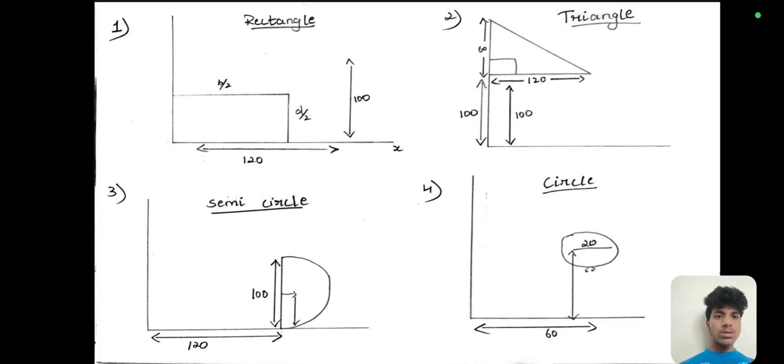In the triangle we have height 100, base 120. For the triangle, b by 2 and d by 2. In the triangle, height is 60 and base is 120. In the semicircle, base is 120 and height is 100. In the circle, we have base 60 and the circle is 20.